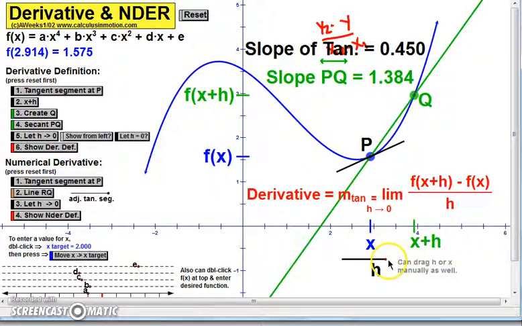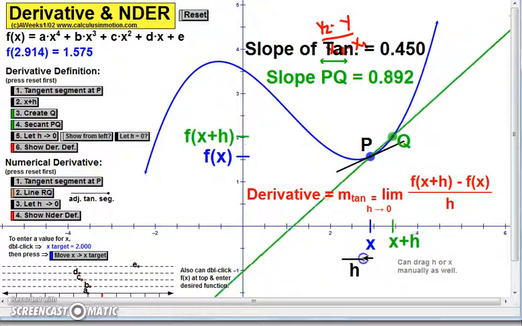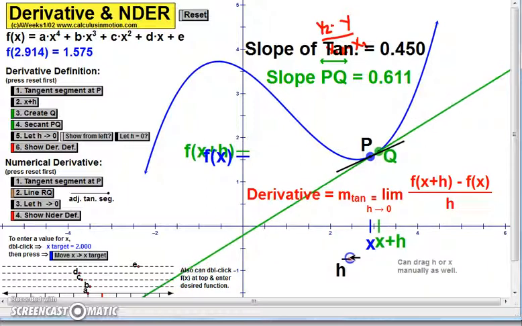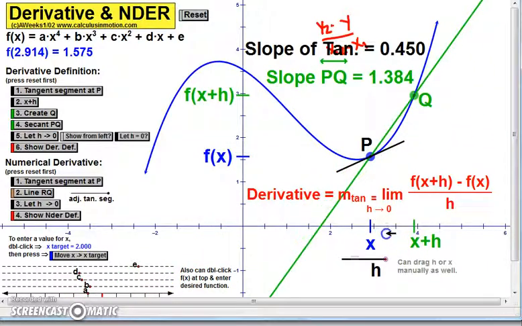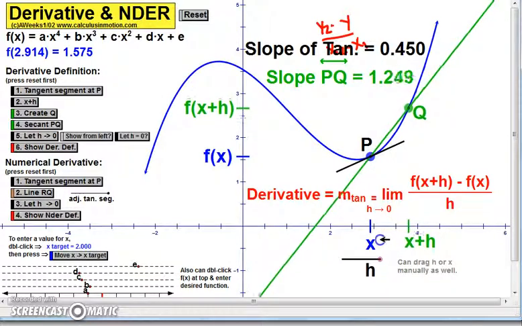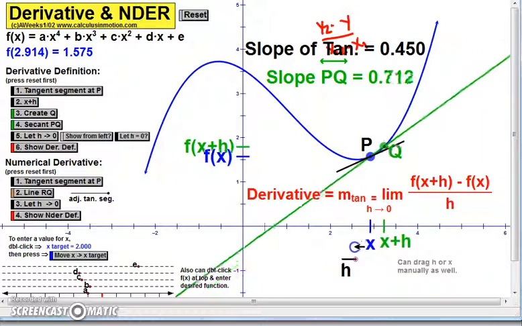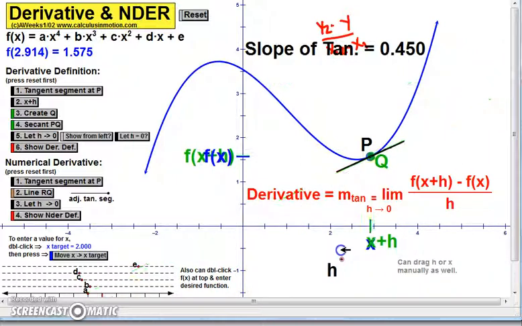Well, if we make h go to 0, that distance between the two points goes to 0, you can see that our secant line, the green one, turns into a tangent line. So we start out here with some value h in between our two points, and we're going to make those points so close together that they're actually going to be sitting right on top of each other. And that's going to give us the slope of the tangent line at a point. So that's where our definition of a derivative comes from.